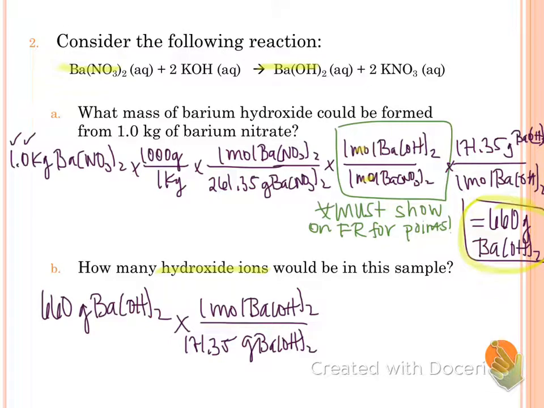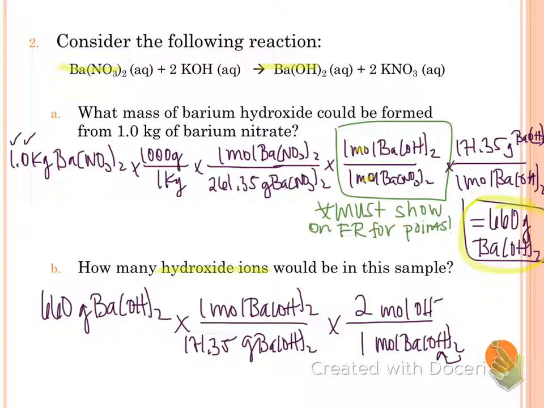We need to go ahead and convert to moles first to get to something within our compound here. When we have our moles of compound, remember that we always have 1 unit of that compound per however many ions we have within it. So there are 2 hydroxide ions within every 1 unit of barium hydroxide.